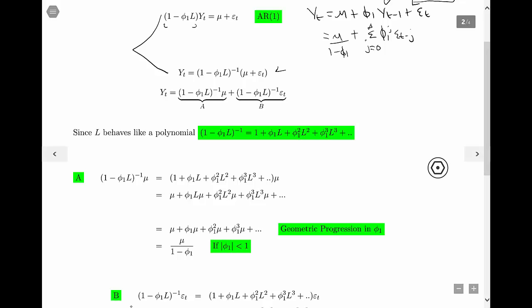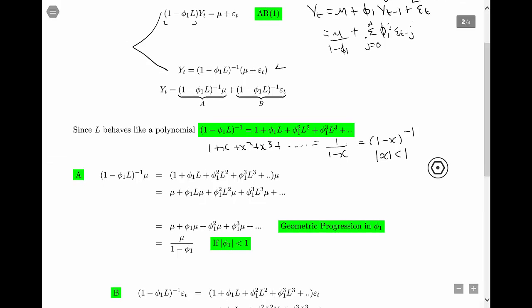So this here is just a geometric progression in phi1 L. Remember, for a geometric progression, 1 plus x plus x squared plus x cubed plus dot dot dot is equal to 1 over 1 minus x, i.e., it's (1 minus x) to the minus 1, if x is less than 1 in absolute value. We now have a geometric progression in phi1 L.